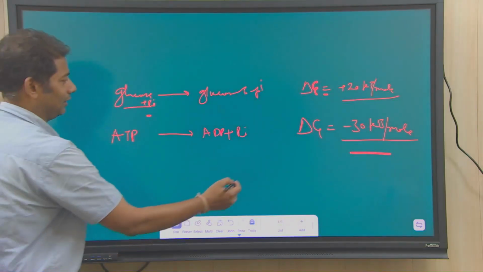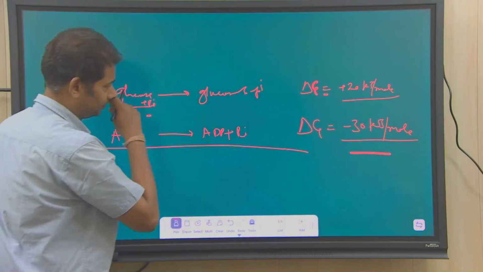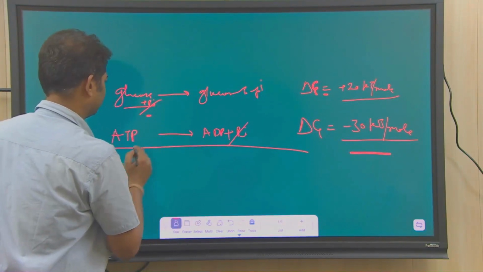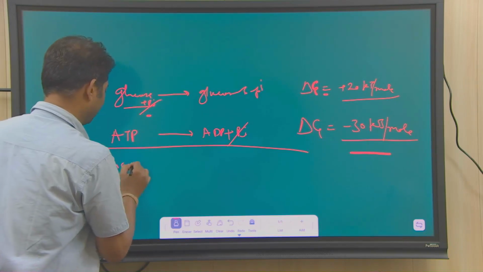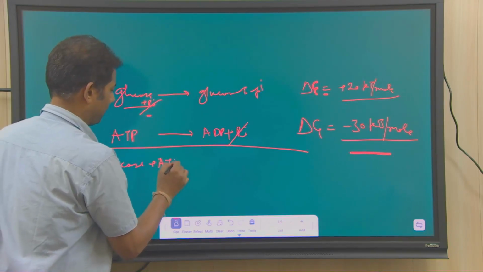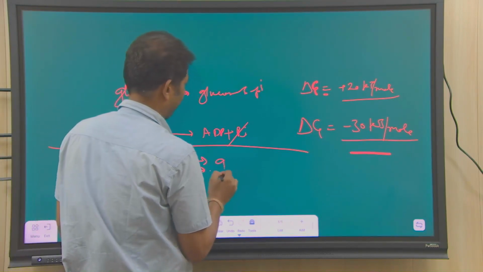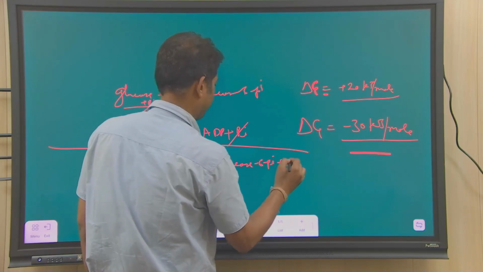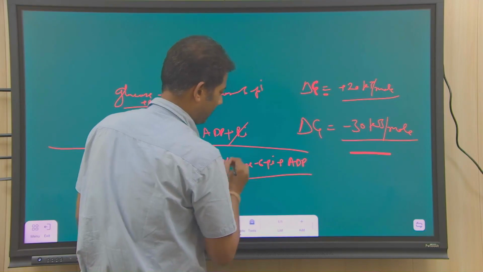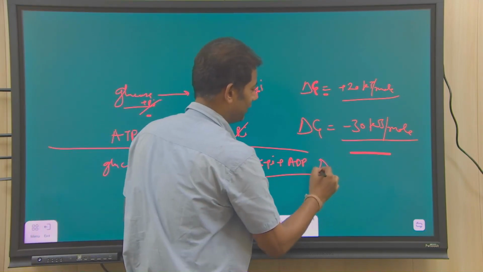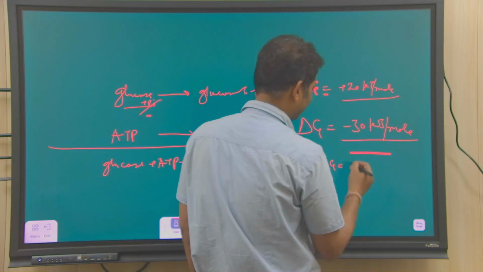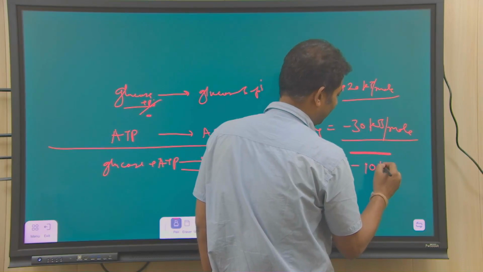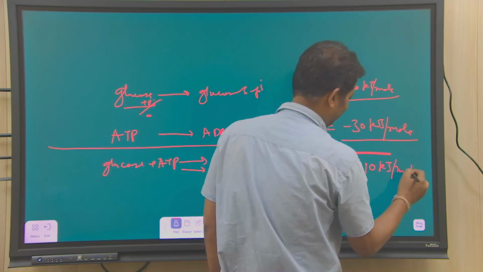The cell just couples these two reactions. And the new reaction is written as follows, and the delta G, by the simple law of Hess, you can calculate, is minus 10 kilojoule per mole.